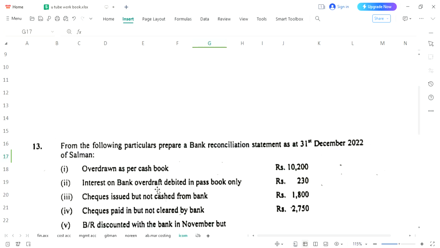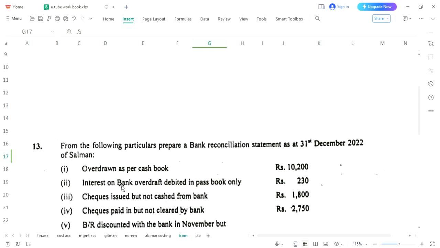Interest on bank overdraft. It's an expense. In expenses we do credit. And the second thing is debited in passbook. Whatever you do in the passbook, we as a customer will enter exactly the opposite. So debited in passbook, you will credit it.